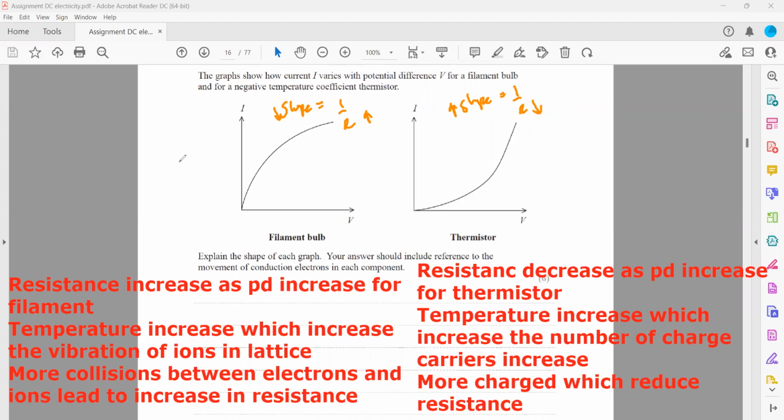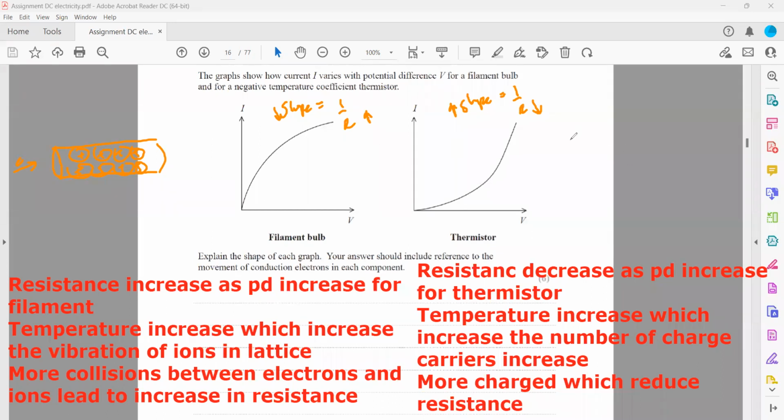The second point, why? Because a filament is a metal, tungsten, so they have a different structure. A metal consists of a lattice of positive ions and delocalized electrons. So as the temperature increases, there will be more vibration of the lattice, like these particles will vibrate faster. They will not allow the electrons to move through the structure.